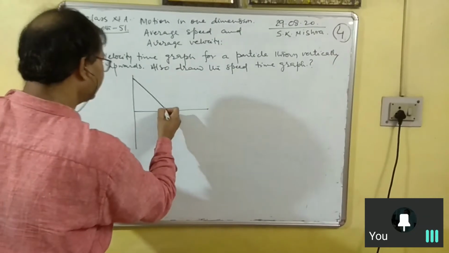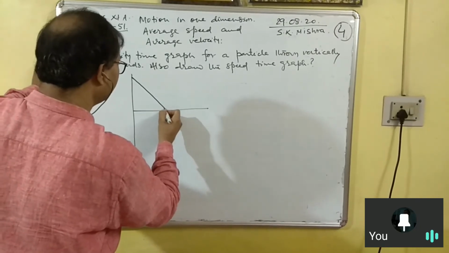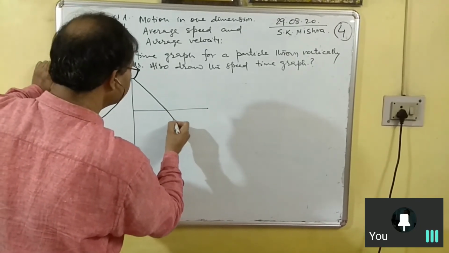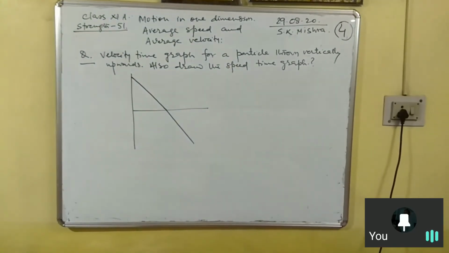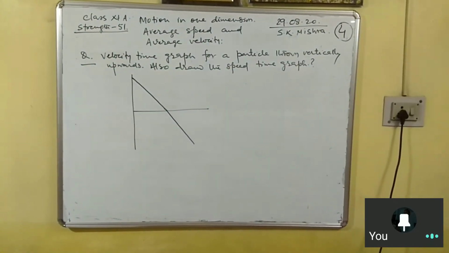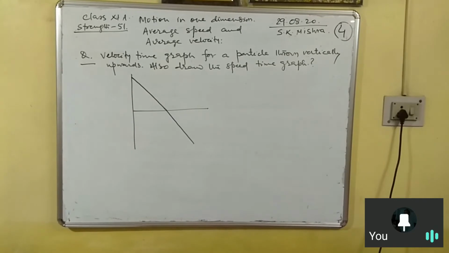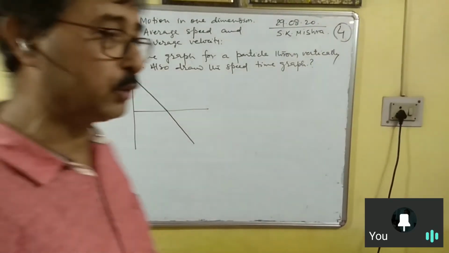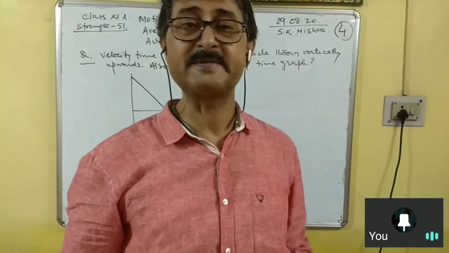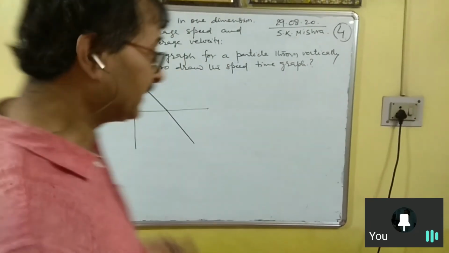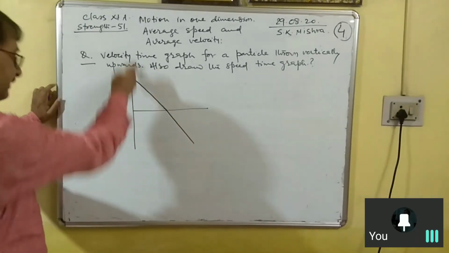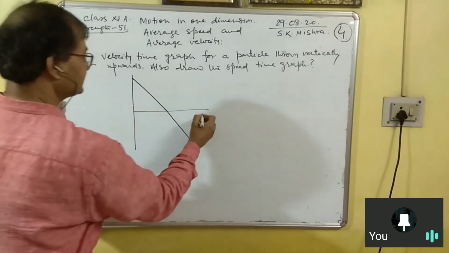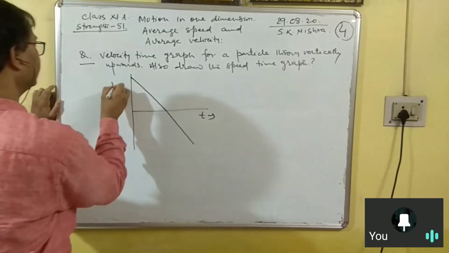So when it returns back, this velocity becomes negative, and it goes straight like this. The velocity with which you have thrown it, at the same point from where you have thrown, the velocity of the particle becomes the same. But in direction it is reversed. So that's why we have taken it at negative y-axis. So this is time, this is velocity.